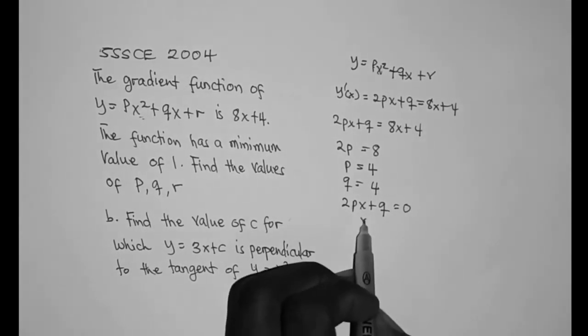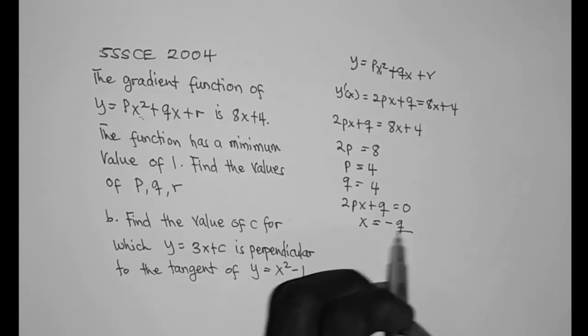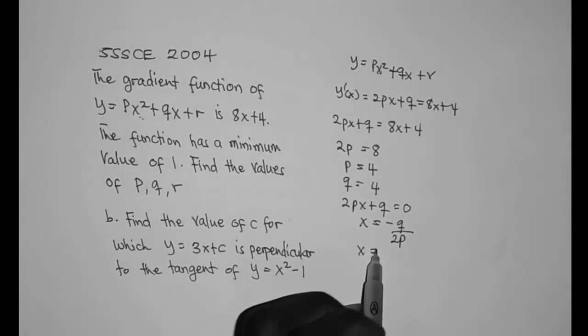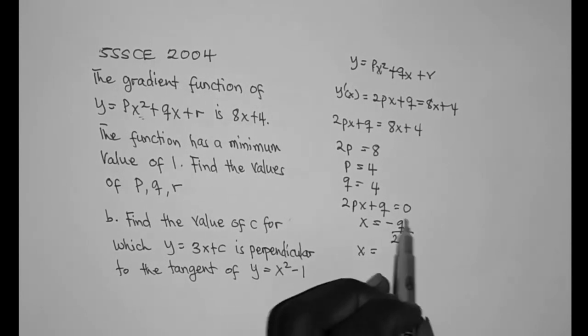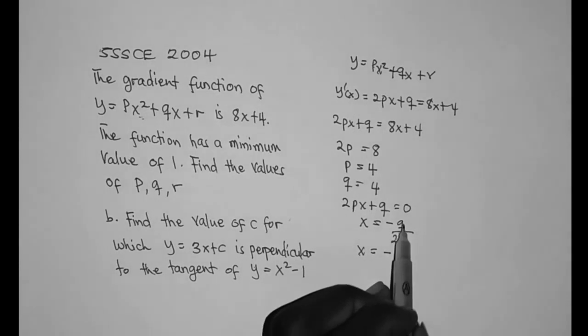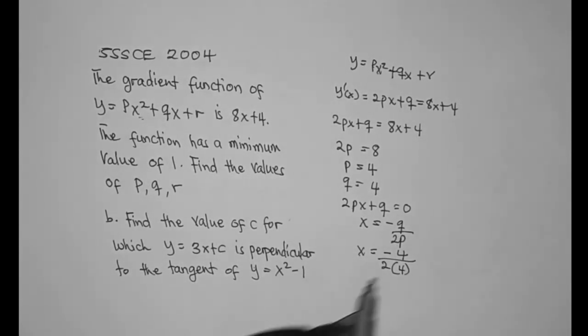So let's make x the subject. x is equal to minus q over 2p. But we know the values of q and p. So this is minus 4 divided by 2 times 4, because p is 4. And therefore x is equal to minus 1 over 2.